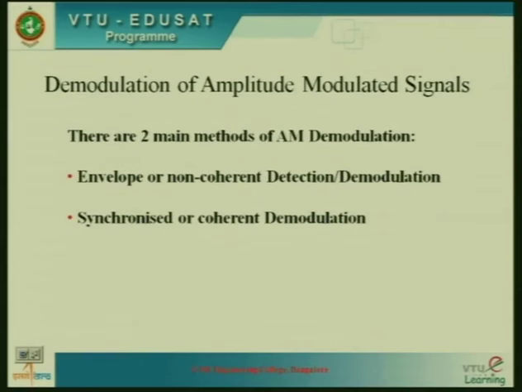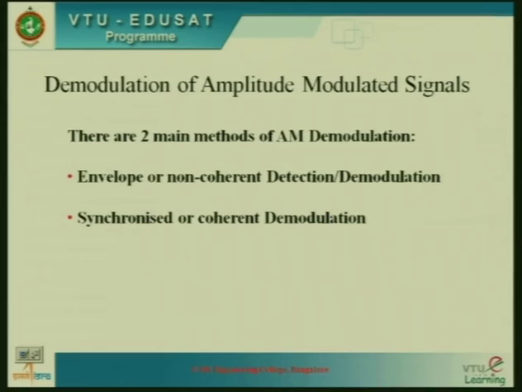Now, to do this process, there are two very interesting techniques that have been identified by researchers. One is called the envelope detection technique, or we also call it the non-coherent technique. The second important technique is the synchronized or coherent demodulation technique.